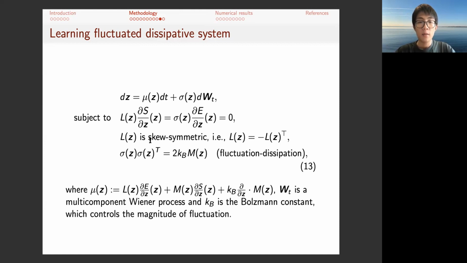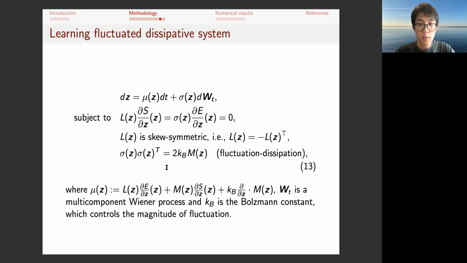And the degeneracy conditions are basically the same, while the only difference is that we add another condition, namely sigma times sigma transpose is equal to 2kB times M, where this formula actually guarantees the fluctuation dissipation theorem.